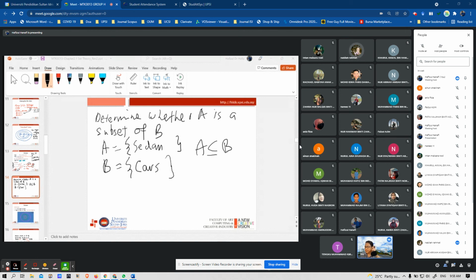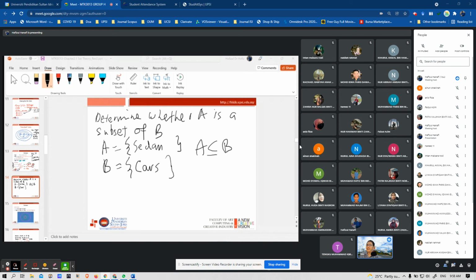Yeah, I know. Set B is the cars. It includes all types of cars, including the sedan. What other types of cars do we have? We have sedan, hatchback, pickup truck, MPVs, SUVs, and electric cars.